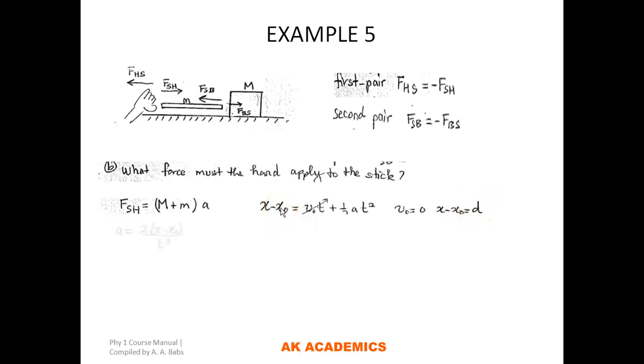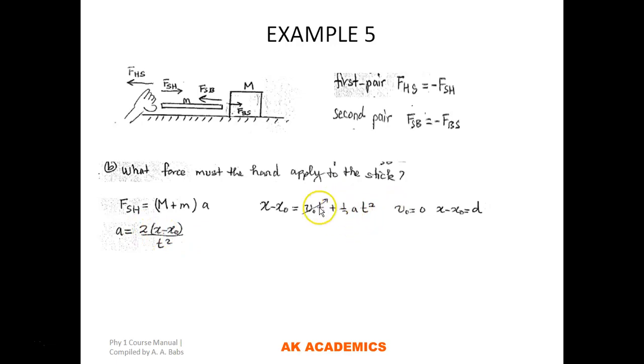If we do that, what we would have right now would be rearranging this expression. So if you rearrange it, we would have a equals 2 multiplied by (x minus x naught) divided by t squared. How did we get this? We have said this is 0, so there is nothing here anymore. The first thing you want to do is multiply both sides by 2. If you do that, you have 2 into bracket x minus x naught, that's what we have at the top here, and then 2 multiplied by 1 over 2 a t squared.